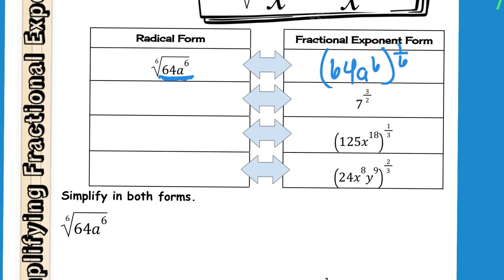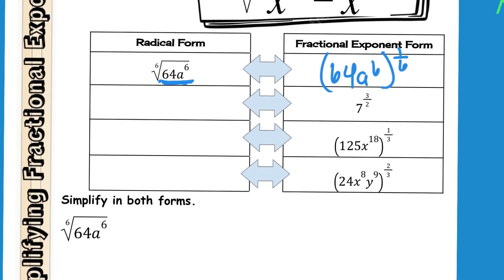If we were to go the other way, 7 to the 3/2, well, that is 7 cubed, and then it's a square root because the 2 is on the bottom. The other one, once again, this would be the exponent. So 125x to the 18th is being raised to 1, but it is a cube root.